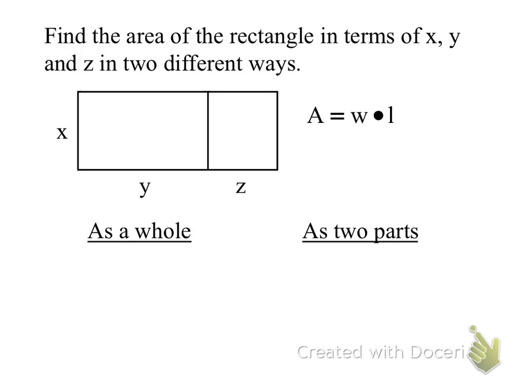Now check your work. As a whole, we're doing x times the quantity of y plus z. That makes the length. As two parts, we're doing the area of x times y, plus the area of x times z.